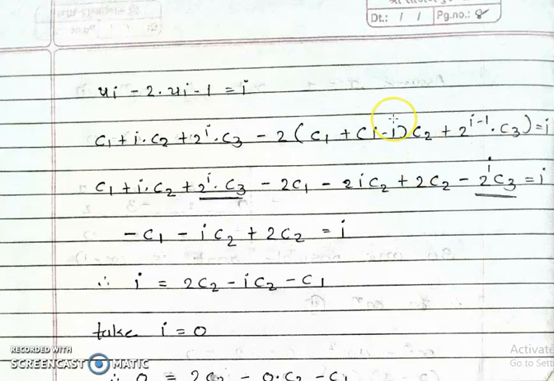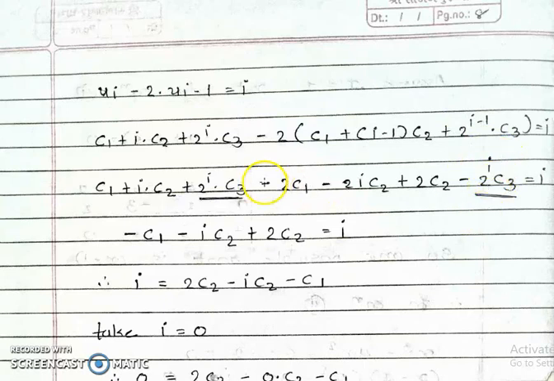Solve these terms and we get c1 plus i into c2 plus 2 raised to i into c3, minus, multiply 2 into this whole term, and we get 2c1 minus 2 into i c2, plus, minus minus plus, 2 into c2, then minus 2 into 2 raised to (i minus 1), so we get minus 2 raised to i into c3.